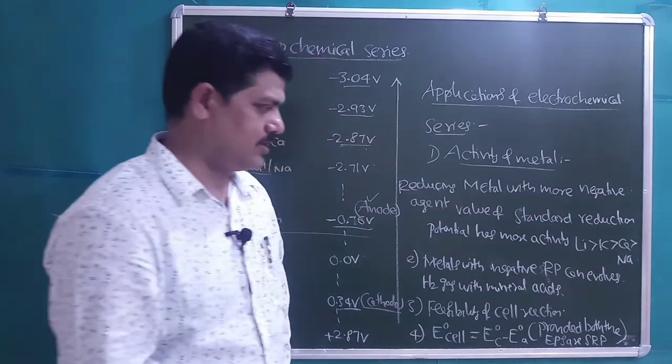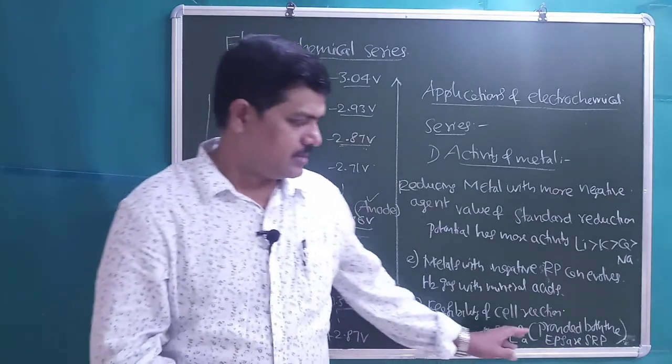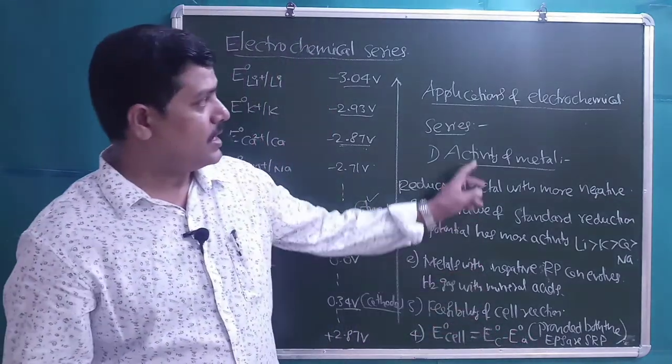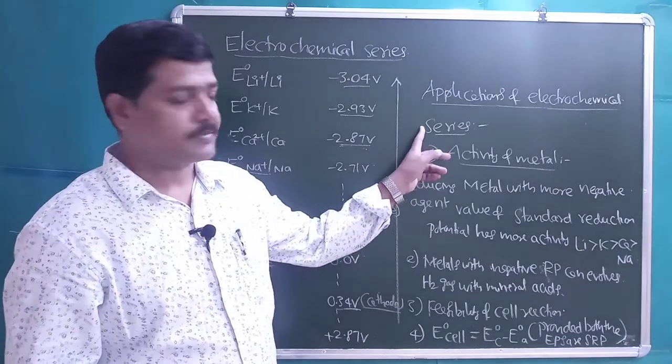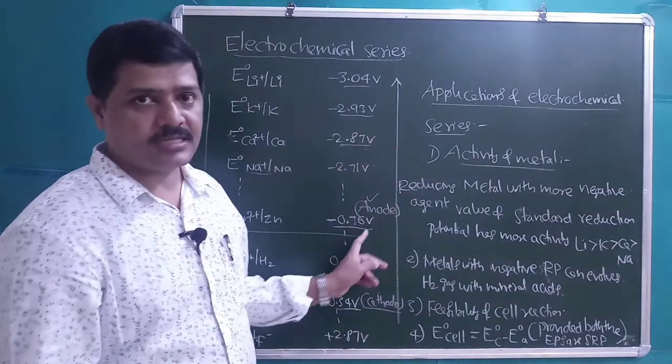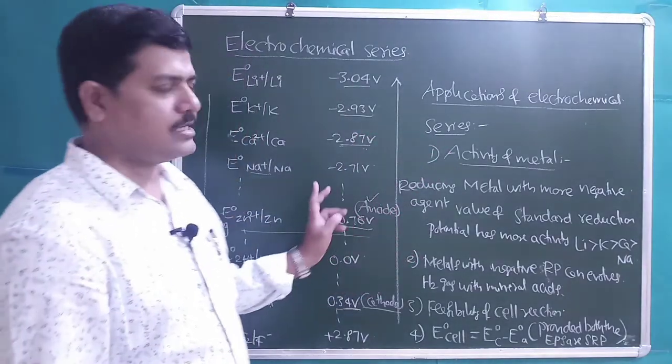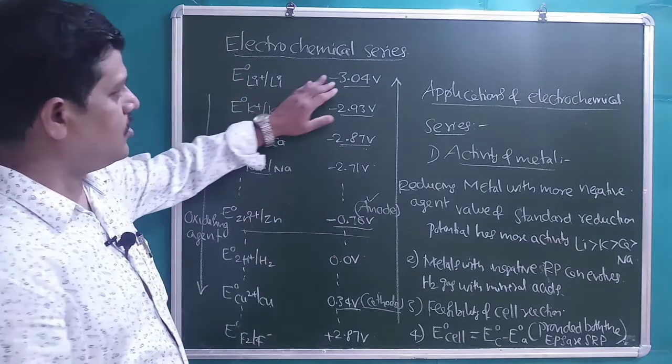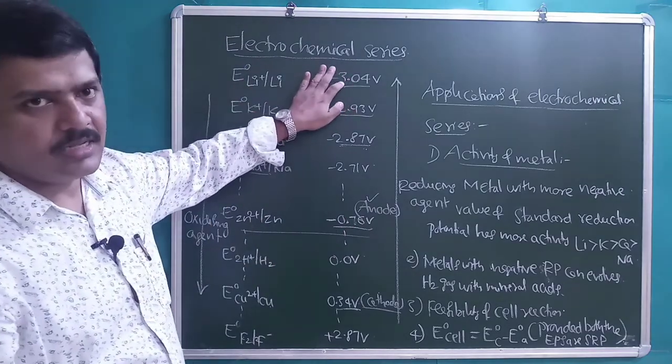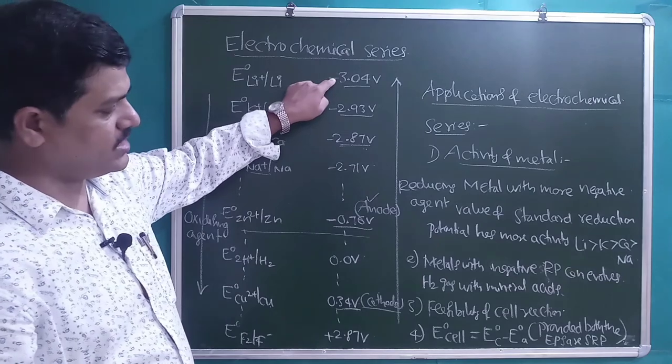Students, these are the applications of the electrochemical series. No need to memorize this series, we just have to understand the concept. The metal which has a more negative reduction potential is a strong reducing agent.